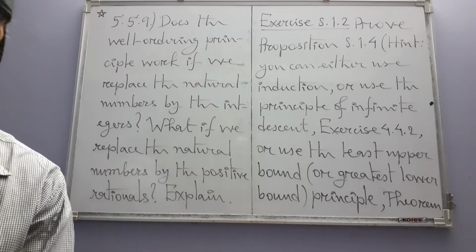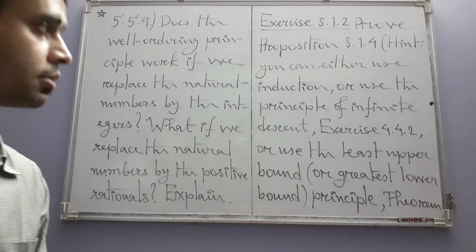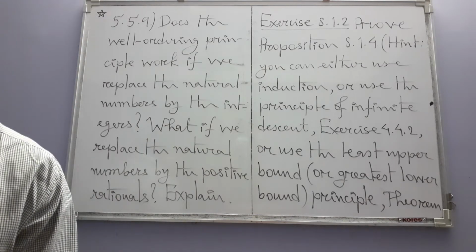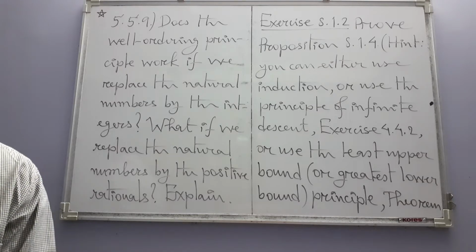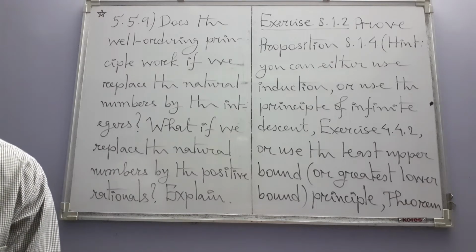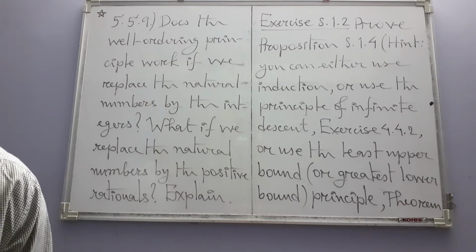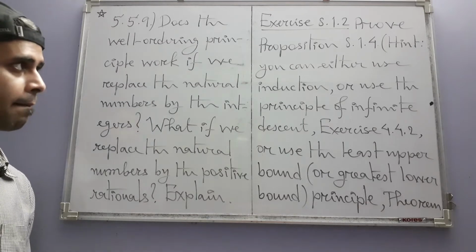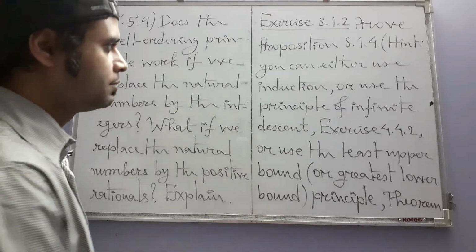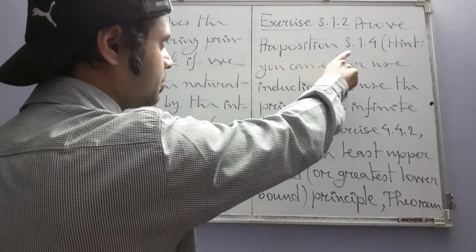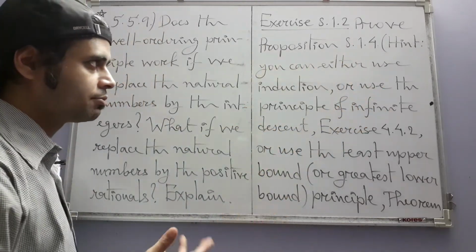The statement of the exercise is long due to this elaborate hint, but the solution itself is not very long. Okay. So we have seen what we have to prove. We have to first of all prove this proposition, which is the well ordering principle.